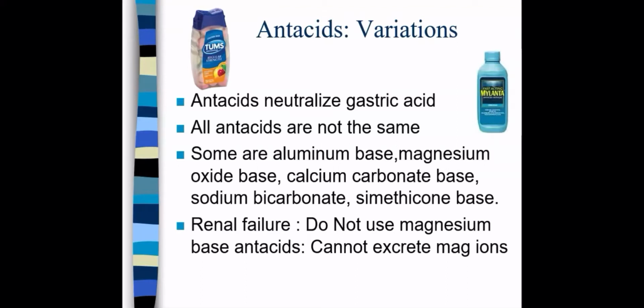My focus on this slide is, do not use a magnesium-based antacid if they have renal failure, because they cannot excrete the magnesium ions. An example of that is Mylanta. Mylanta is a magnesium-based antacid, and if somebody has renal failure, they should not have that medication at all. It will promote further kidney damage.